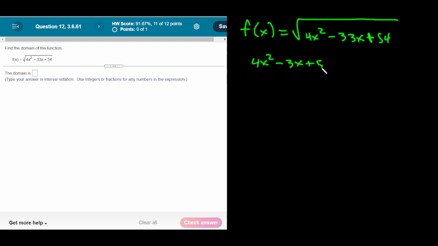I think they call that the radicand. I'm not too big on vocabulary. A square root cannot be negative, flat out. So set the inside of this greater than or equal to 0. Any questions? All right, good. Because that's how you find a domain for every square root function.